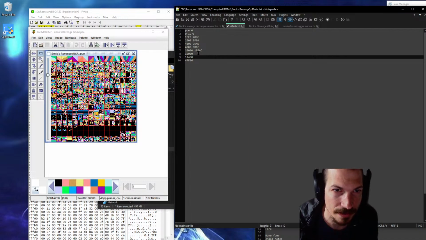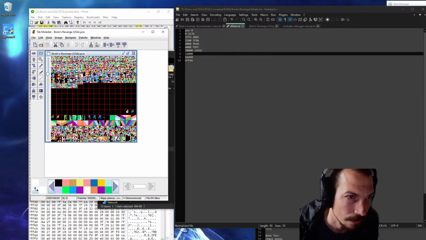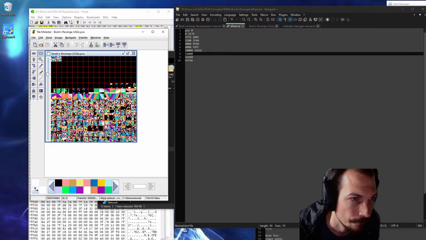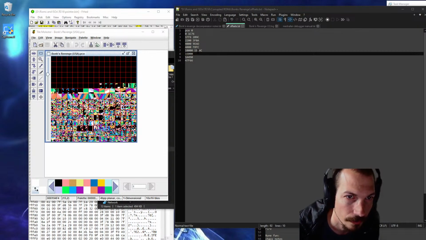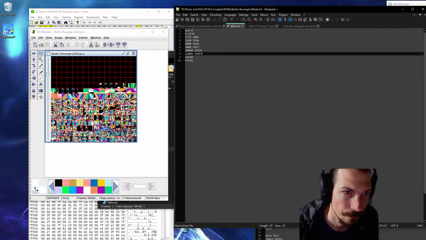I'm putting this here because I forgot to get this offset because I was so concerned about the rest, so let me get that offset here really quick. 194F4. All right. Now we're good.